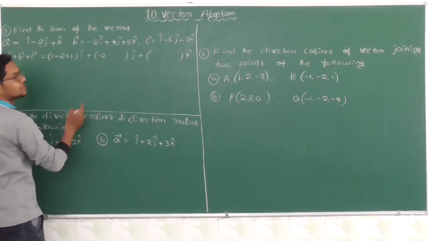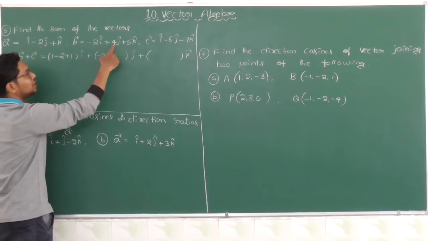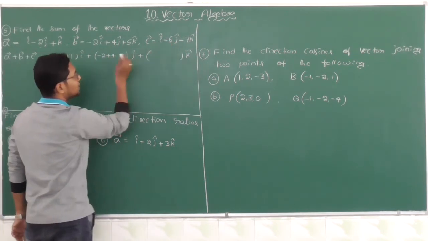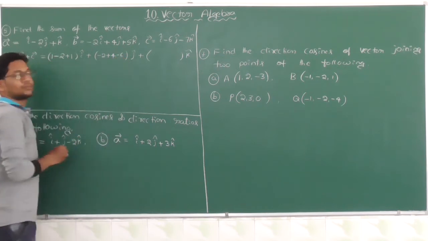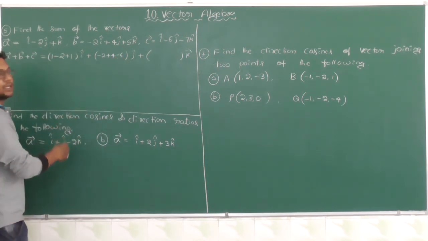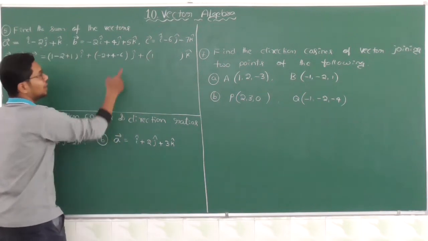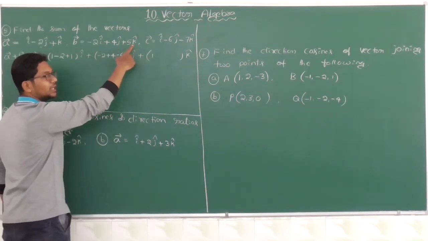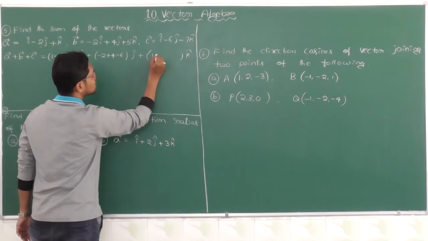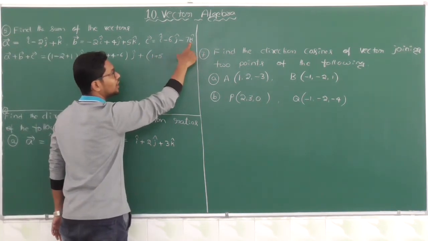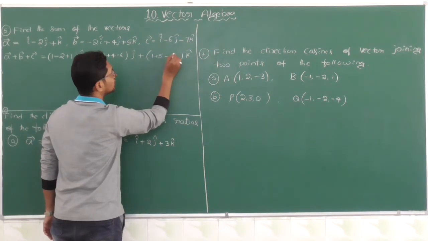In the B vector the j component is 4. In the C vector the j component is minus 6. Similarly, k cap. In the A vector the k component is plus 1, in the B vector plus 5, and in the C vector minus 7.